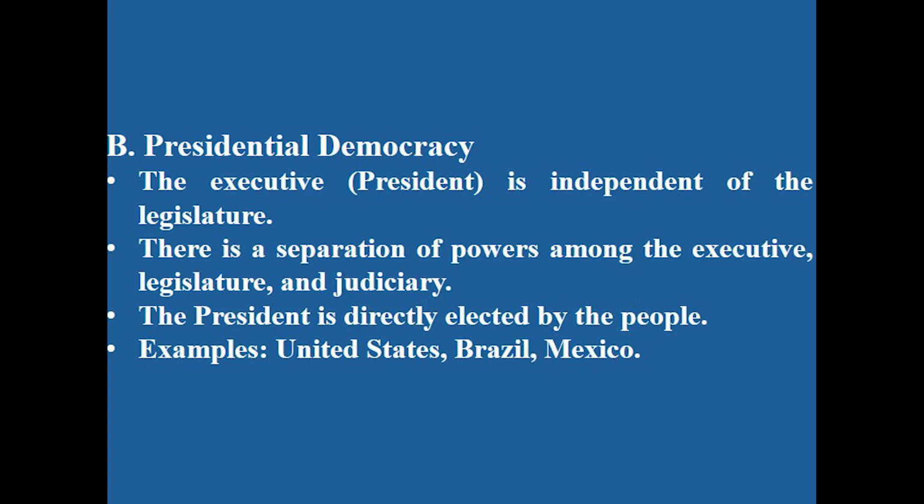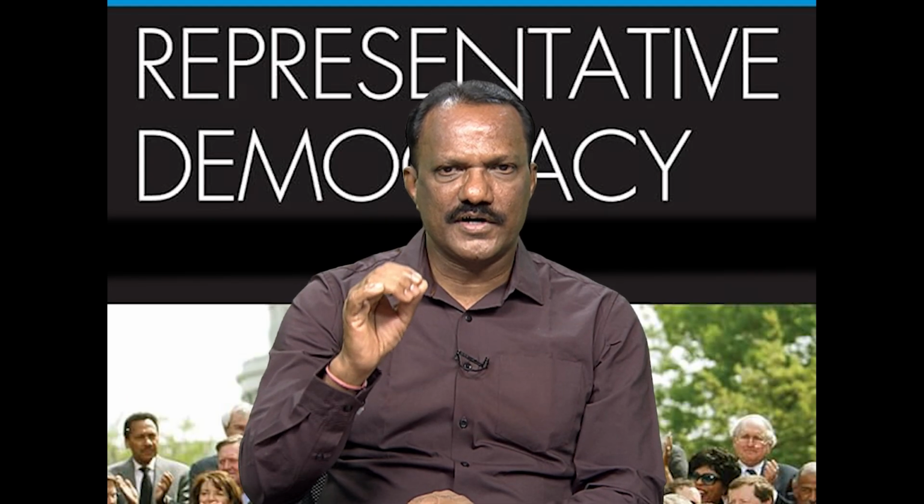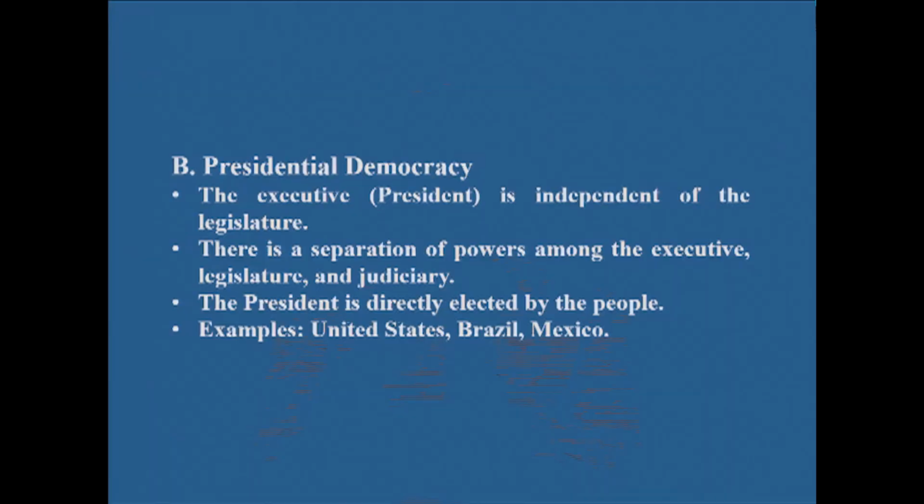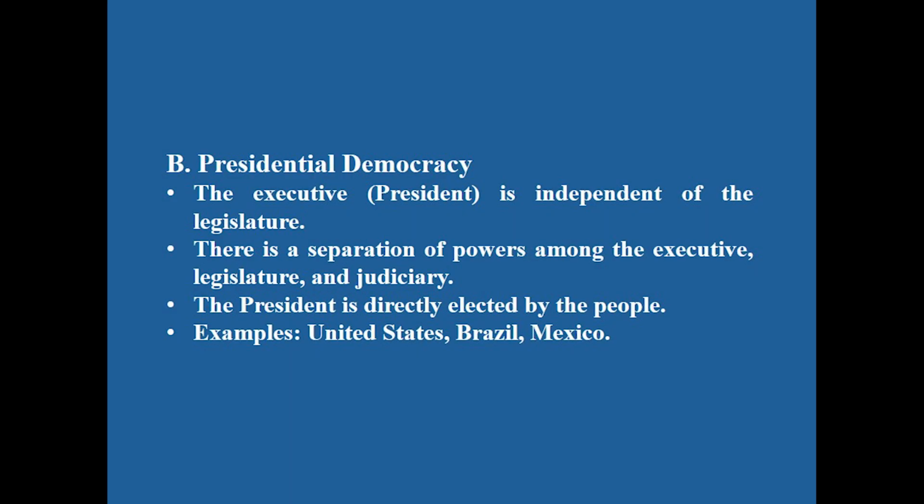But whereas in India, the cabinet is elected by the legislature; people elect their representatives, who in turn form the government. So, there is a separation of powers amongst the executive, legislature and judiciary. Powers can be divided, separated between the three organs.